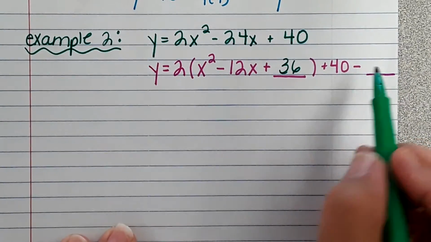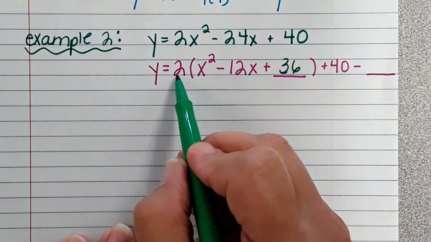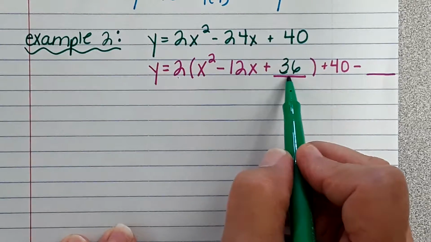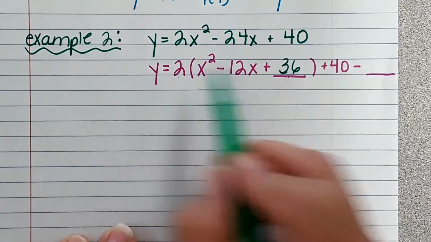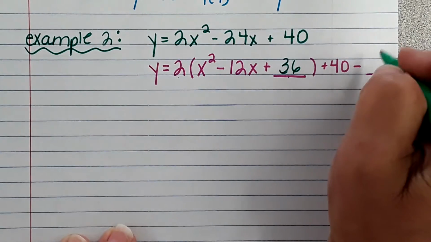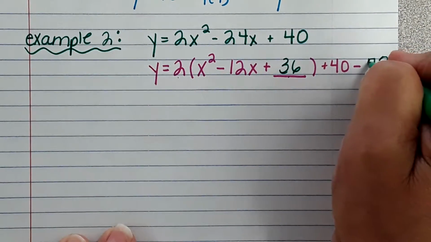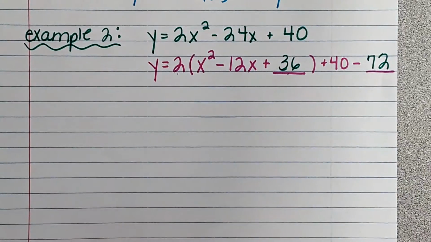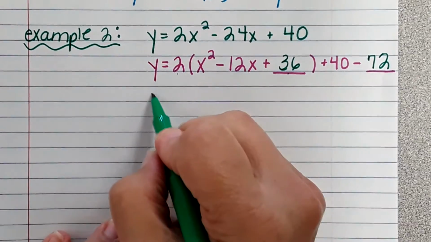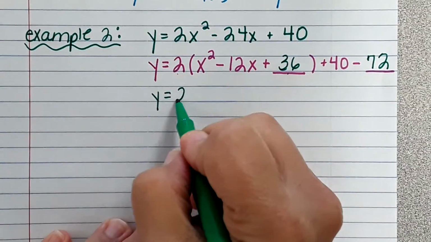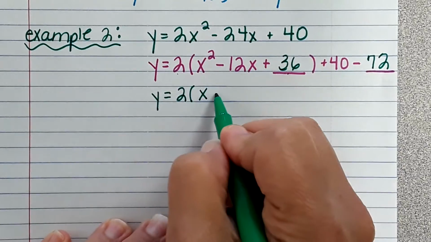Now to find this blank, I'm going to take A and I'm going to multiply it by the number we just found. So 2 times 36 is 72. Now we're going to combine. We're going to collapse that down. So y equals 2 times x minus 6.